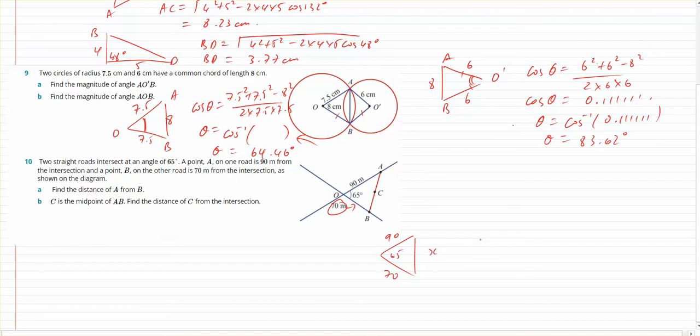So using the cosine rule, we've got X equals the square root of 90 squared plus 70 squared minus 2 times 90 times 70 cos of 65 degrees.